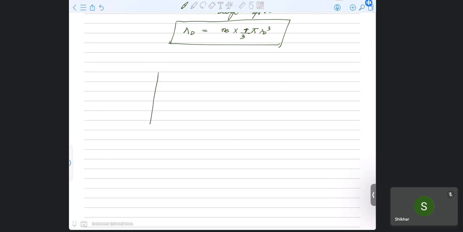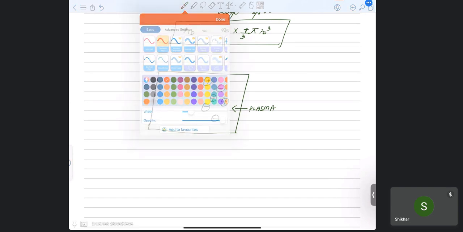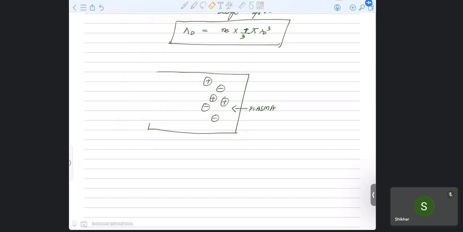Suppose you have some plasma. Plasma is a collection of positive charge and negative charge. Now you introduce from outside some test charge, which is positive q.